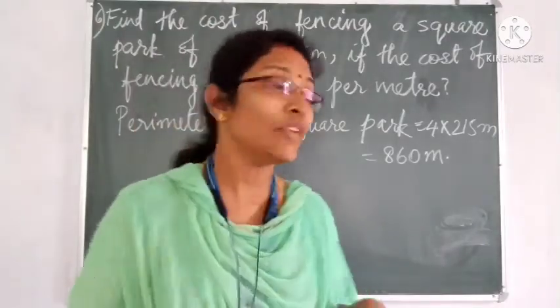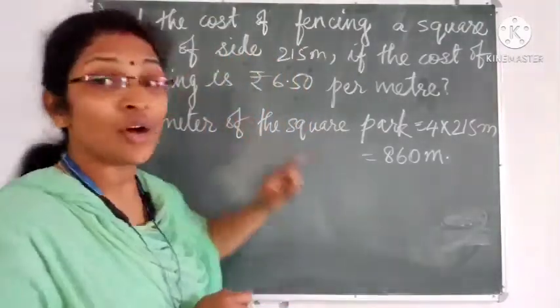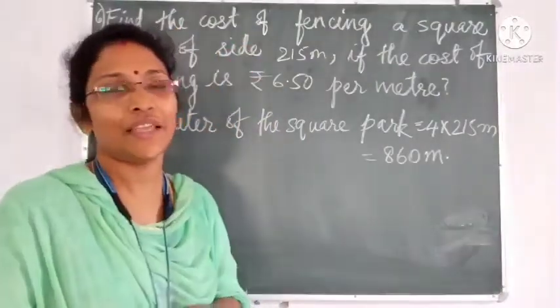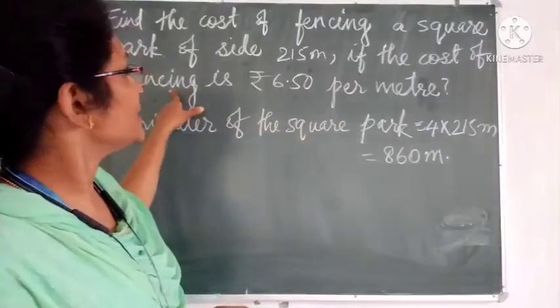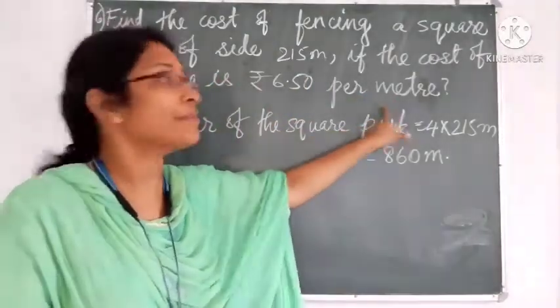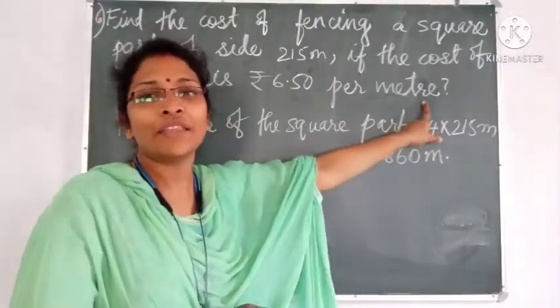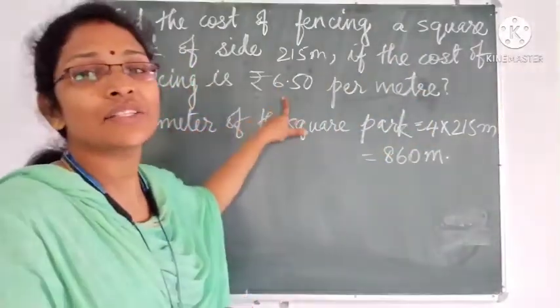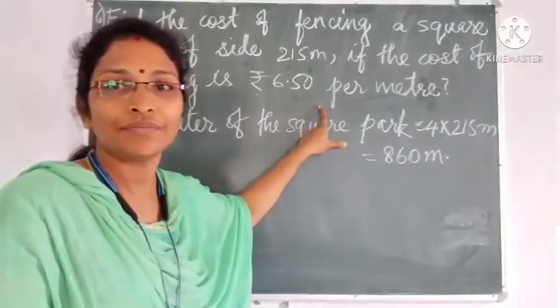Now what do we have to find out? We have to find out the cost of fencing, for doing the fencing per meter. For making the fencing in 1 meter, we have to spend 6 rupees 50 paise.